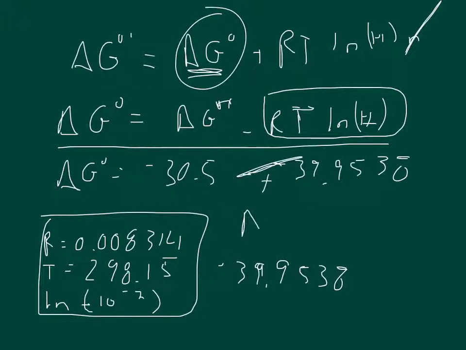So our final solution, delta G standard state, is going to equal positive 9.4, and I believe that's going to be at 3 significant figures, so we would put 9.45 as our solution. And that's all there is to that problem.